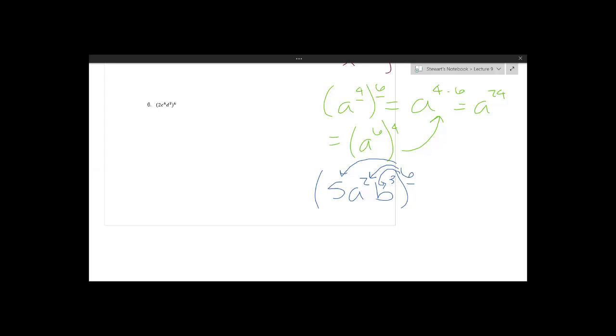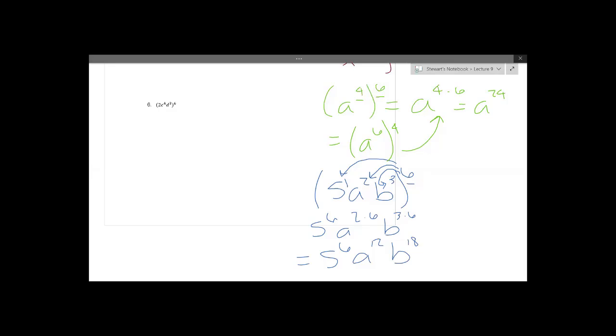And it's the same convention. You multiply the exponents. For the 5, we have the 1st power, so 6 times 1 is 6, and this would just be 5 to the 6th. Then we'd have a to the 2 times 6, and b to the 3 times 6, which overall is 5 to the 6th times a to the 12th times b to the 18th.